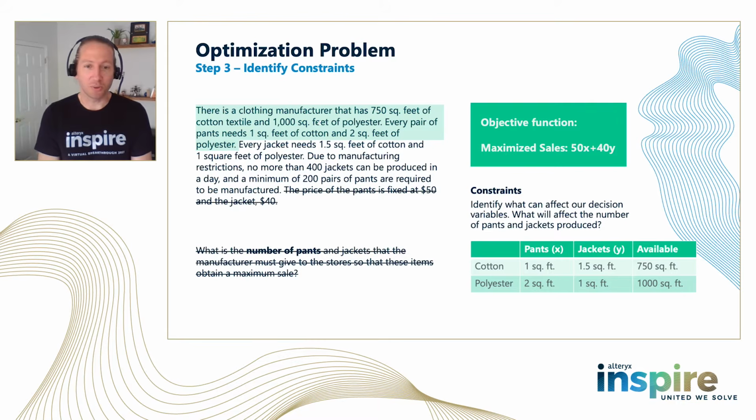We have 1,000 square feet available, and for every pair of pants I create, you subtract 2 from that 1,000. For every jacket, we subtract 1. So those are our constraints. As we increase the number of jackets and pants we're producing, we're decreasing the quantity of available fabric for cotton and polyester.